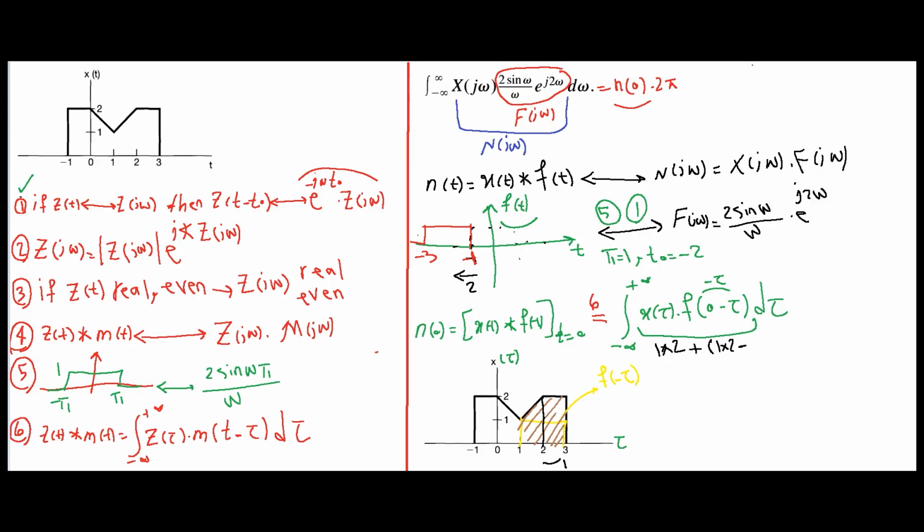Finally, this results in 4 minus 1/2, which is equal to 7 divided by 2. If we then multiply this by 2π, the final result becomes equal to 7π.